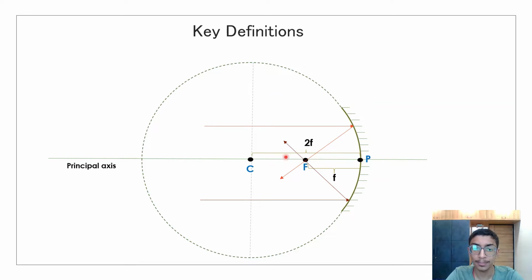And the distance between the pole and the center of curvature is called the radius of curvature. And the radius of curvature is the radius of the hollow sphere of glass. And the radius of curvature is always twice of the focal length. As you can see, radius of curvature is equal to 2f, where focal length is equal to f.